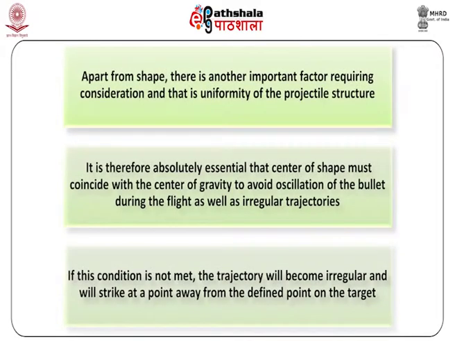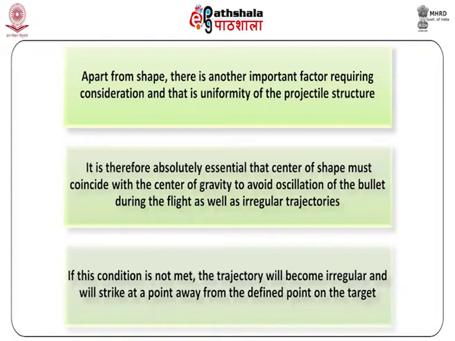Apart from shape, there is another important factor requiring consideration, and that is uniformity of the projectile structure. It is absolutely essential that the center of shape must coincide with the center of gravity to avoid oscillation of the bullet during flight as well as irregular trajectories.